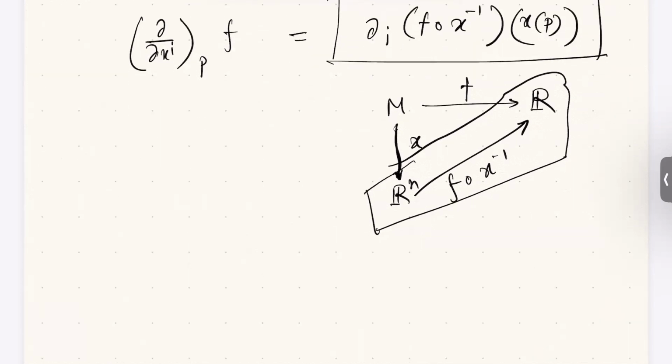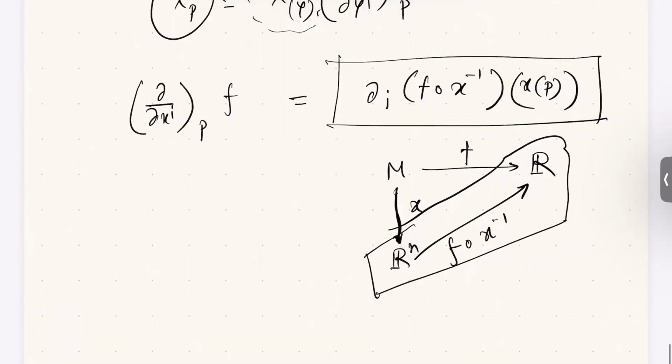Okay. So then I can also consider another map y from M to Rn.